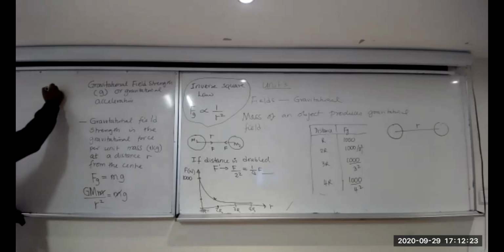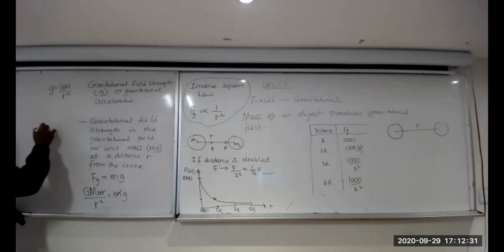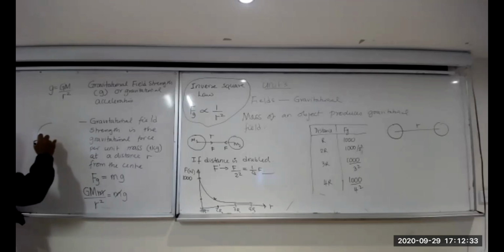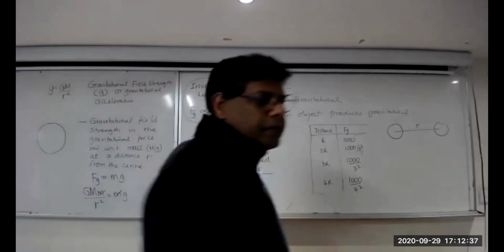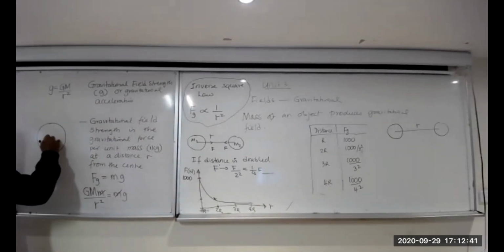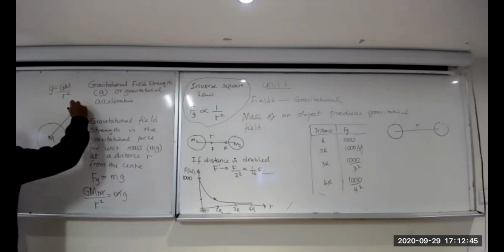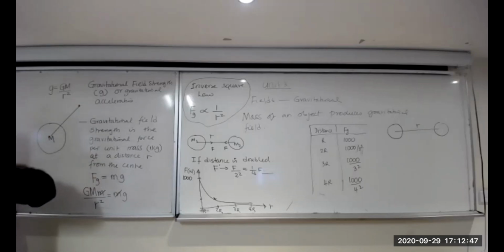So little g, again, is obviously inverse square law, but the field is produced by one single mass. That's the object, the capital M. So that's the distance r.